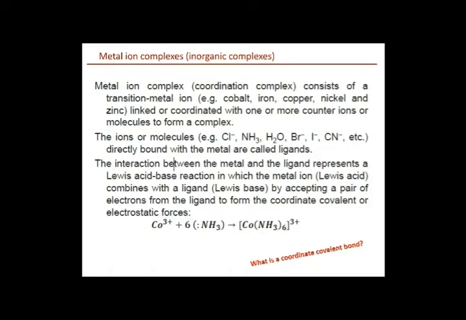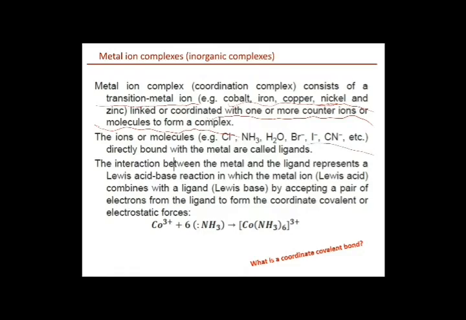Metal complexes, or we can call them metal ion complexes, form between a transitional metal ion, for example, cobalt, iron, copper, nickel, zinc, and another ion, or a counter ion, or any other molecule to form a complex. So metal complexes form between a metal and an ion or another molecule.